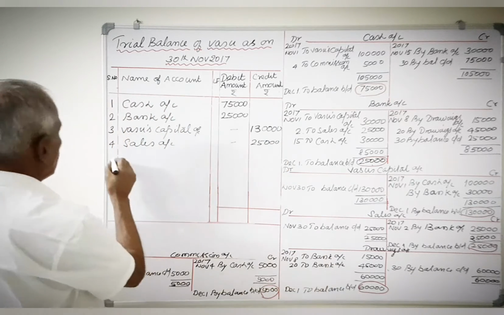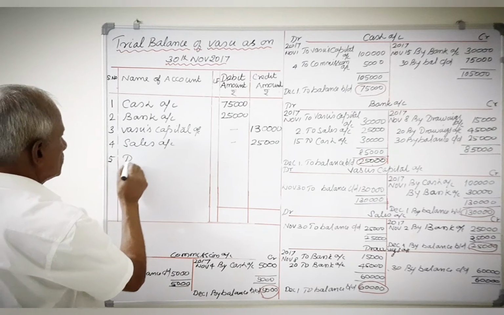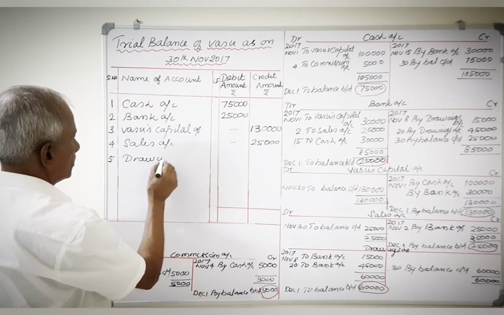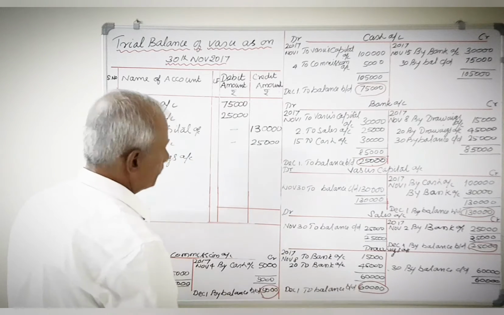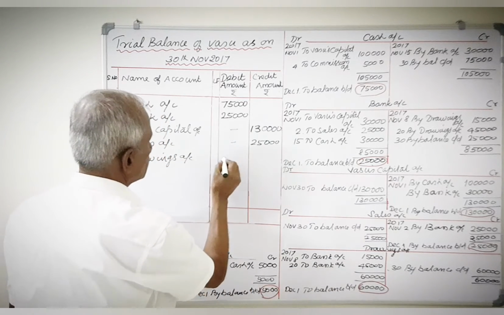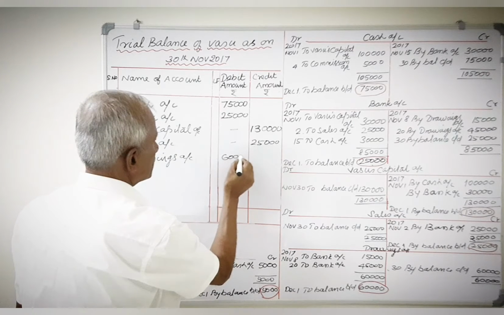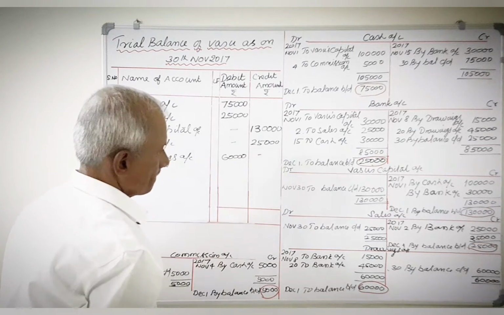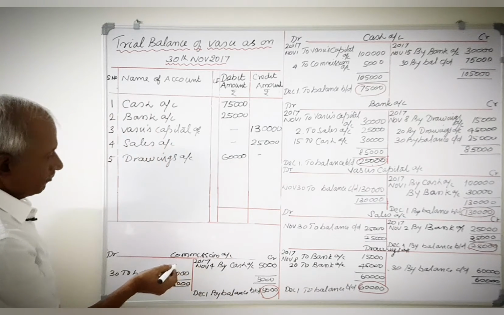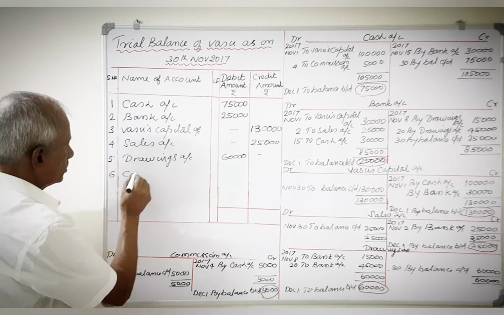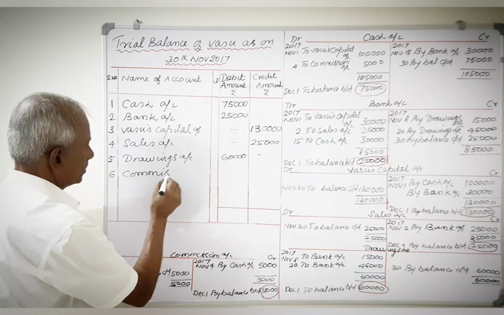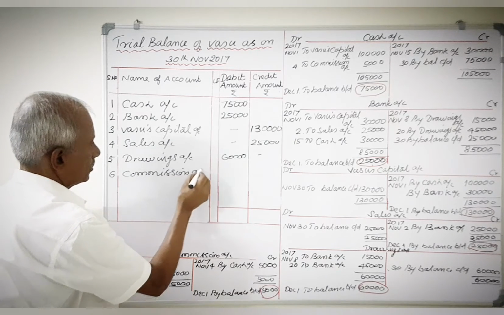Then drawings account, fifth account. Drawings account shows a debit balance of 60,000 rupees. So let us record it on the debit side. Then finally, commission account. So sixth account, commission account.